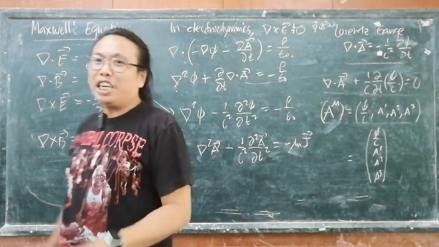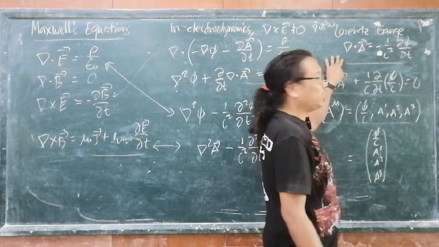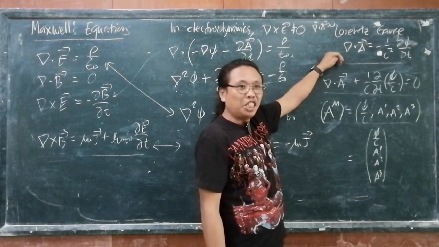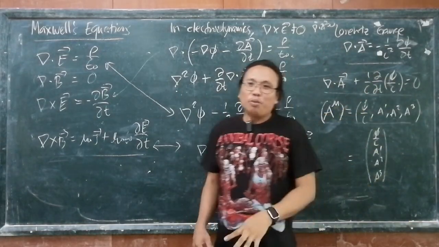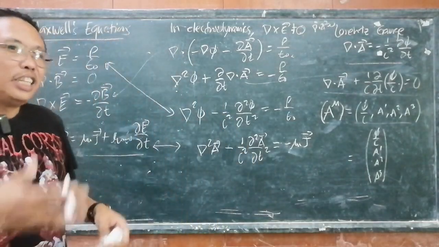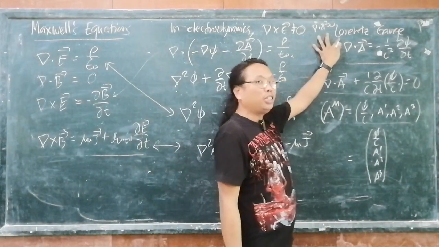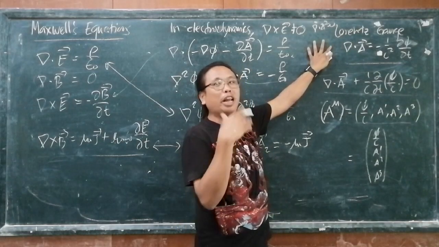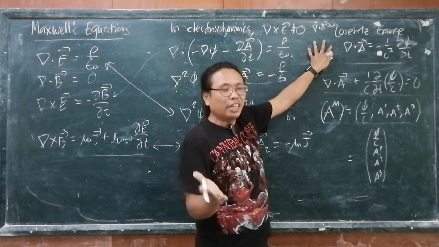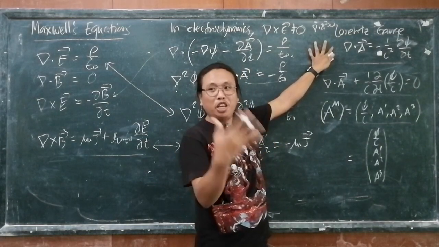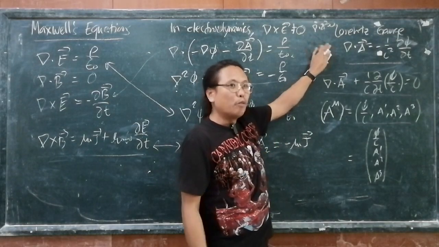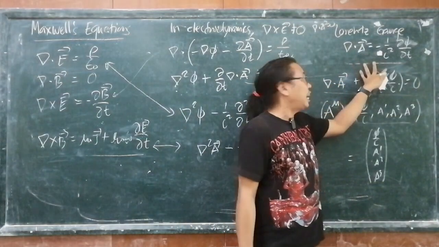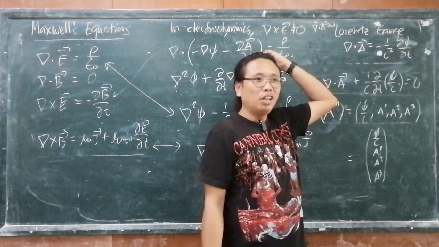It turns out that the Lorentz gauge is the four-dimensional version of the Coulomb gauge. While the Coulomb gauge says we want the divergence of the vector potential to be zero, the Lorentz gauge says the divergence is zero, but we are talking about the four-dimensional vector potential. In electrodynamics, this works. For electrostatics, the Coulomb gauge works.